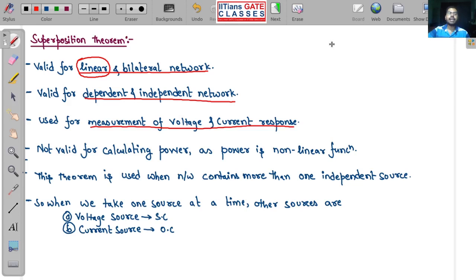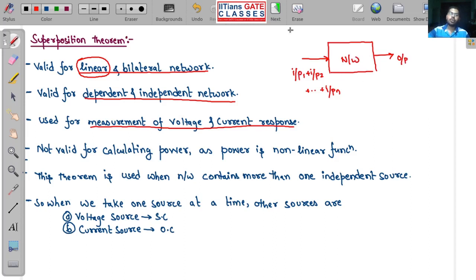If your circuit is linear, suppose I have a network and I give it a composite input, input 1 plus input 2 plus dot dot dot till input n, and I get an output for this combination of inputs.